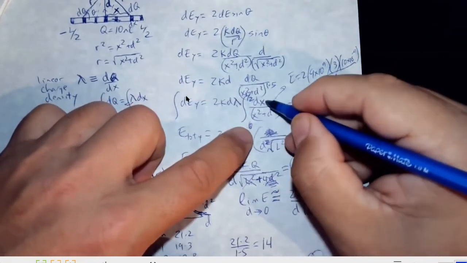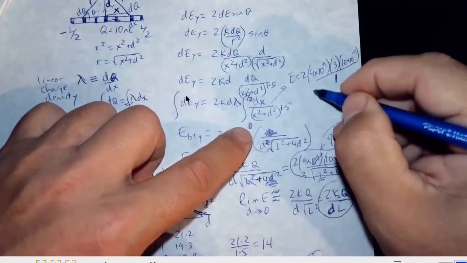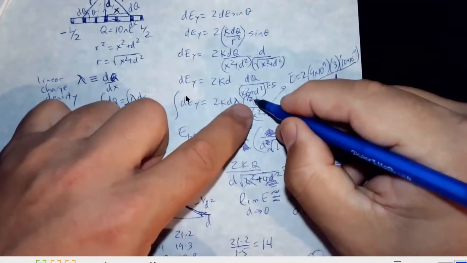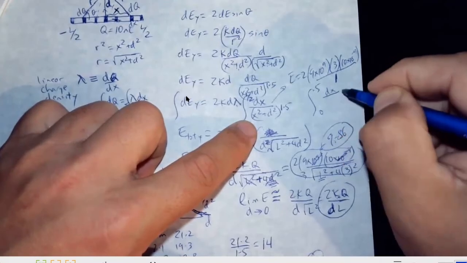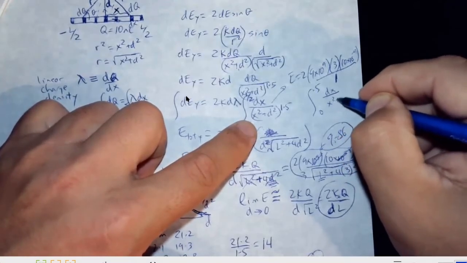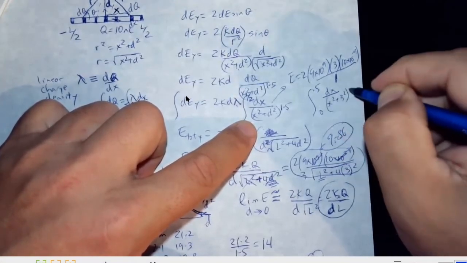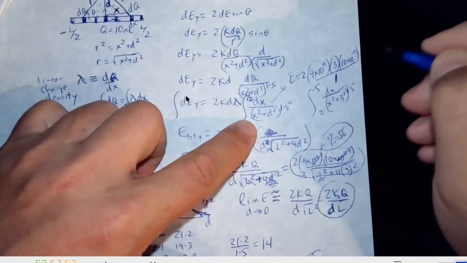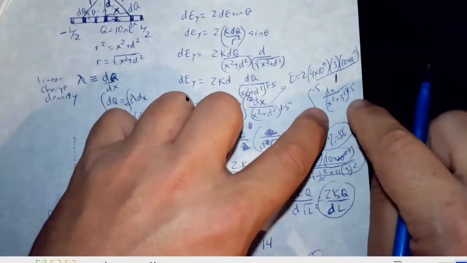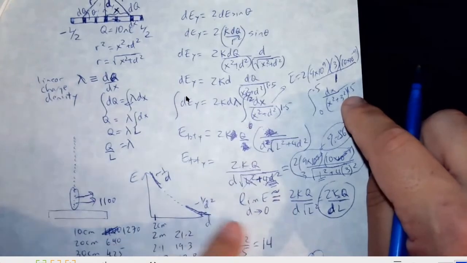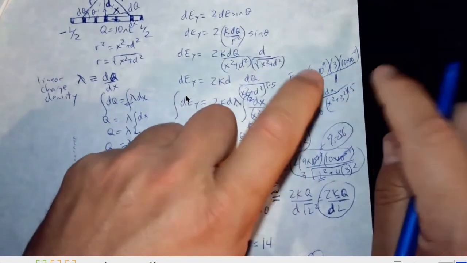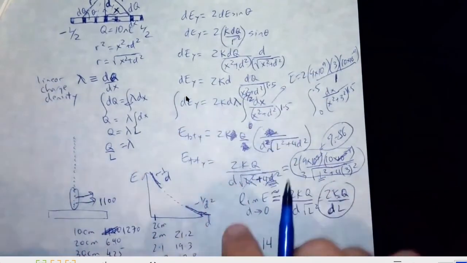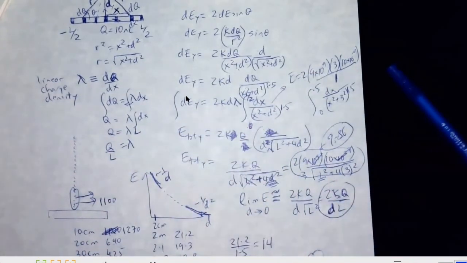Then I integrate from 0 to 1 over 2, which is 0.5, dx over x squared plus 3 squared to the 1/2 power. That would directly give me a numerical answer without coming up with an equation like this. Sometimes we just want a numerical answer without analyzing like that. So that's what you would do.